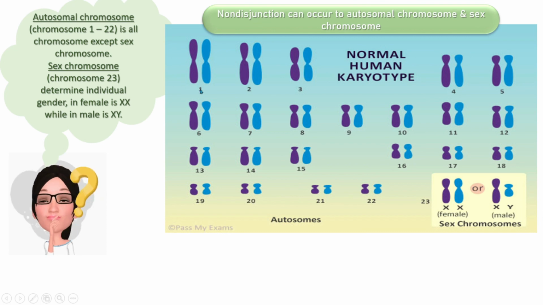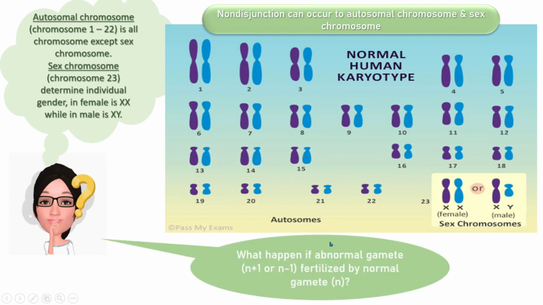Chromosome pairs number 1 until 22 are autosomal chromosomes, while chromosome pair 23 is the sex chromosomes, where sex chromosomes determine the gender of an individual. XX is for female, XY for male.